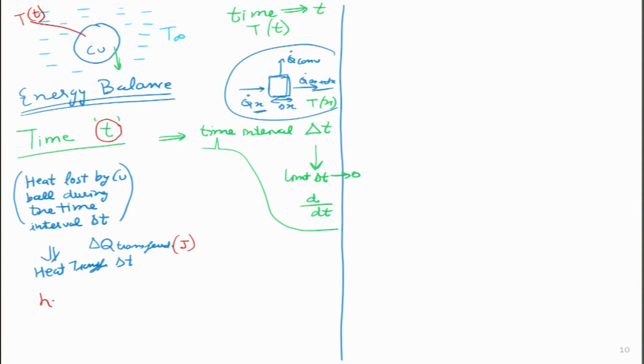It will turn out to be h into the surface area multiplied by its own temperature at that time, minus the ambient fluid temperature, and we are taking the time interval, so I have to multiply it with delta t. Whatever this term comes out to be, the answer will be in joules. So, this answers how much heat is lost by the copper ball during the time interval delta t.